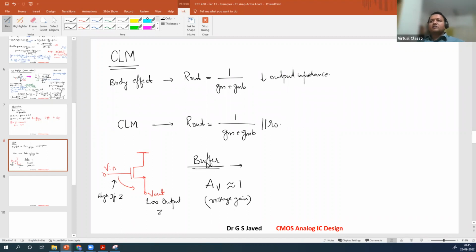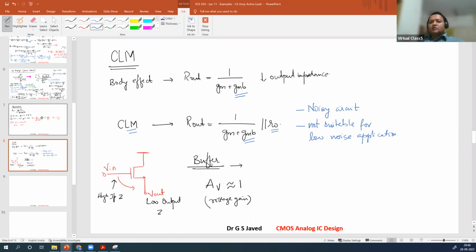Now there are two factors that you have to consider. Since there is this GMB factor and the CLM factor here, you will see that it is a noisy circuit, right? First thing is it is noisy. Second, it is not suitable for low noise applications. You should not use this for low noise applications.